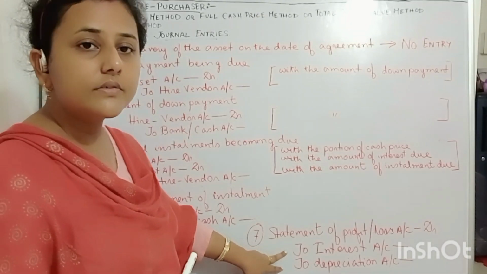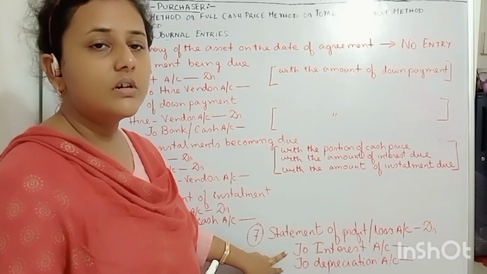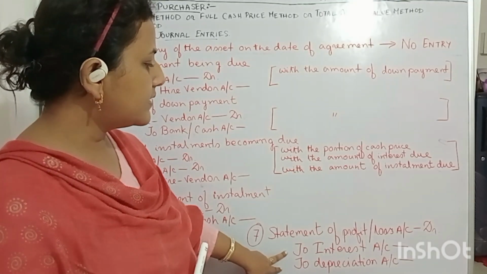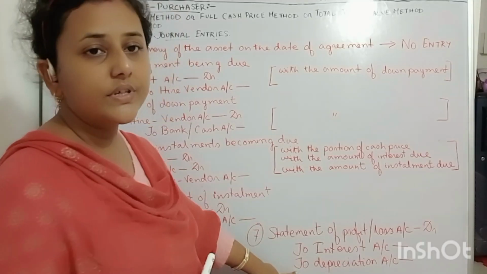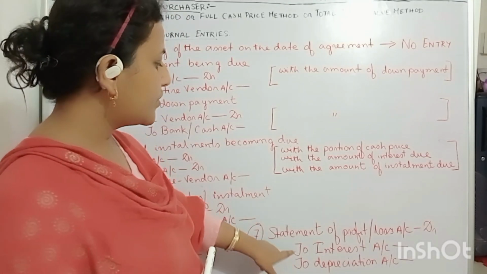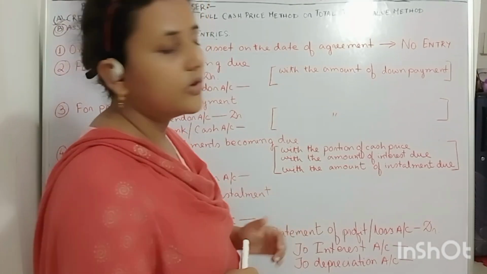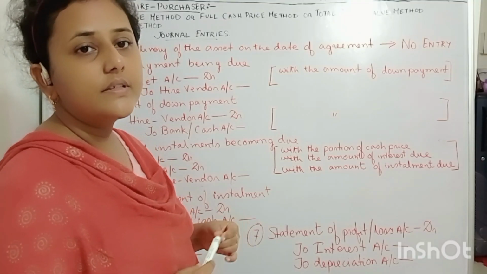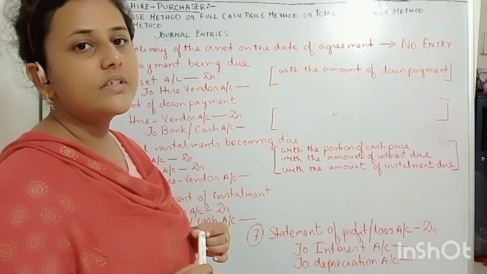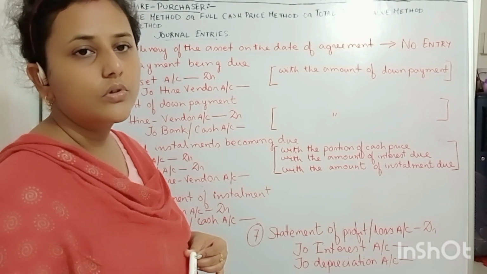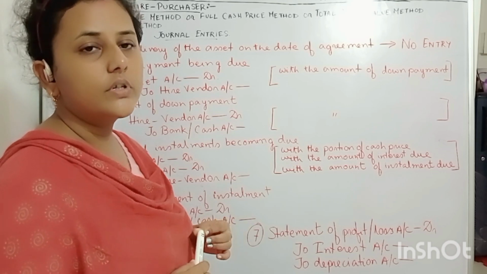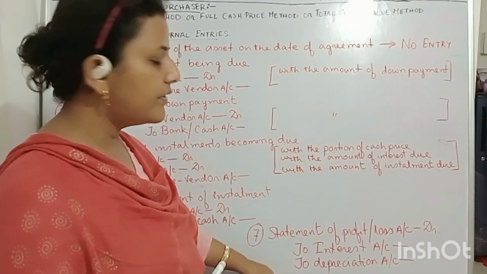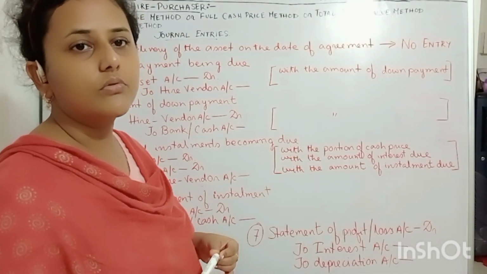For the year in which the installment is to be paid, that year's interest and depreciation amounts are transferred to statement of profit and loss account. We write interest and depreciation on the debit side of the profit and loss account. So what is the journal entry for that? Statement of profit and loss account is debited to interest account and depreciation account.